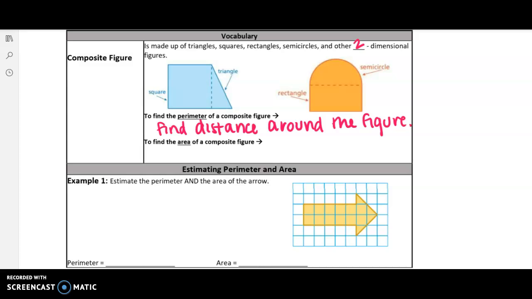To find the area of the composite figures, you need to first separate the figure into smaller shapes, and then you need to find those areas and add them together.